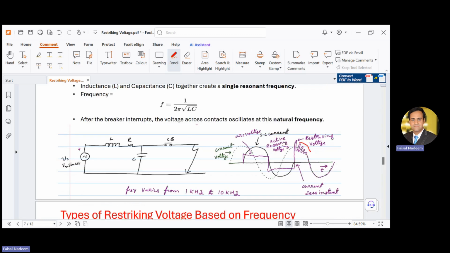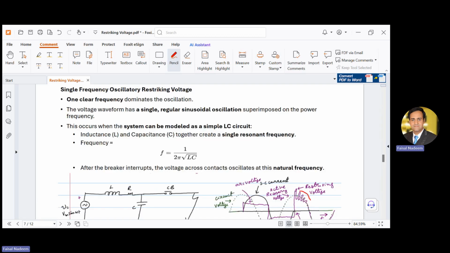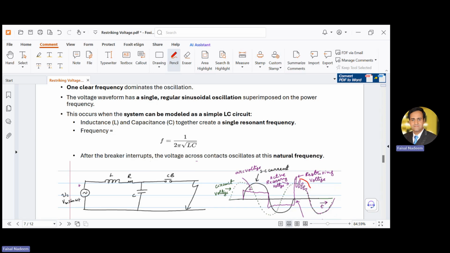These frequencies occur because of the elements placed in the circuit.